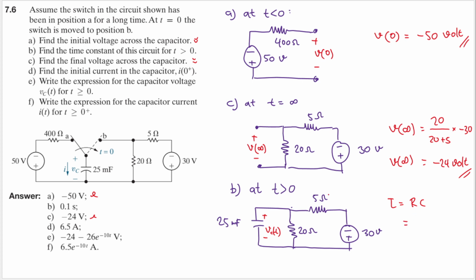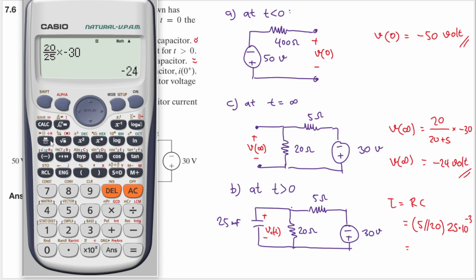Okay, but then here we have 5 parallel with 20. So 5 parallel with 20 multiplied by 25 multiplied by, because that is millifarad, 10 to the minus 3, right? Okay, 5 parallel with 20 is 5 multiplied by 20 divided by 5 plus 20.